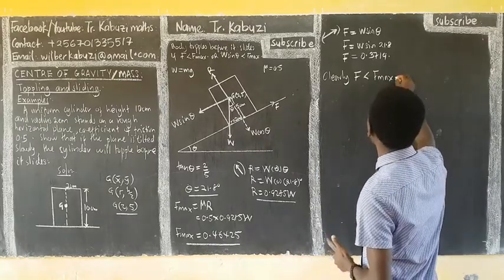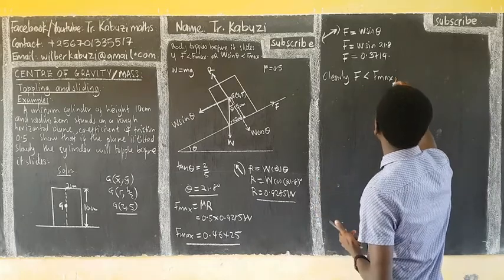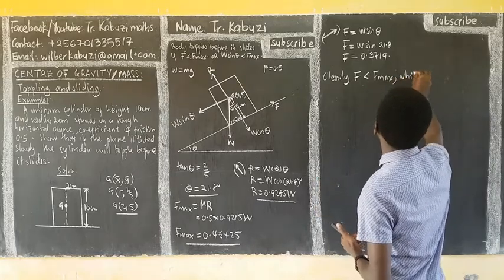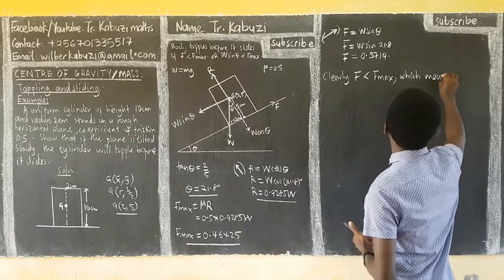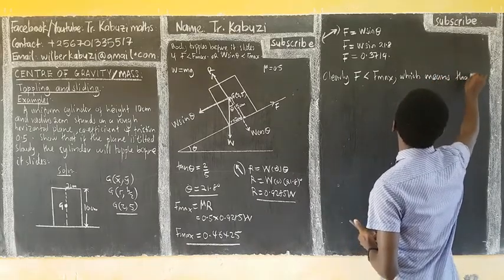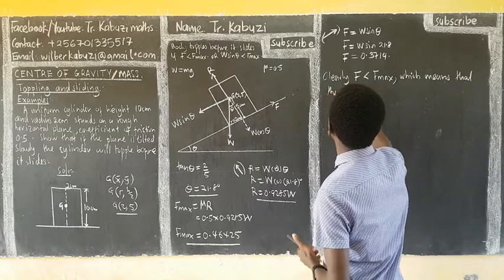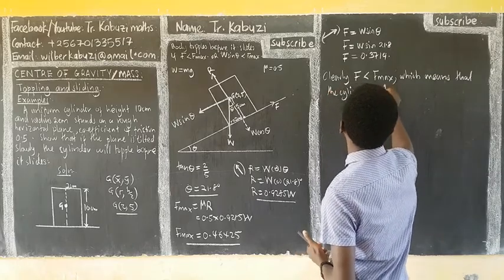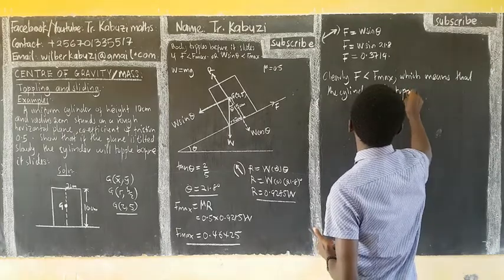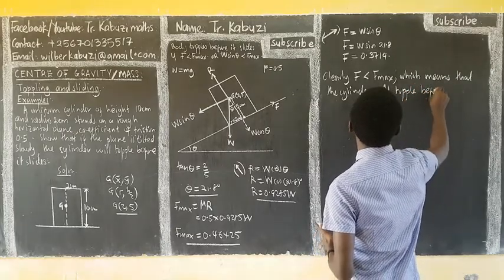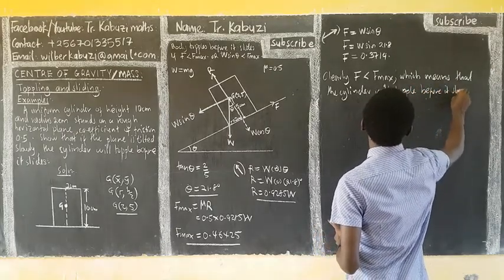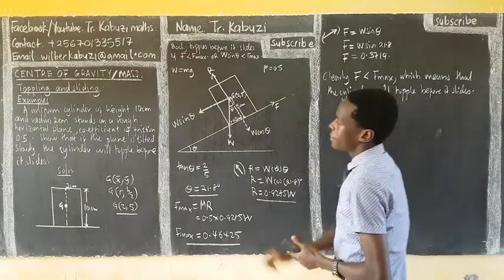It implies clearly F is less than F max, which means that the cylinder will topple before it slides, as simple as that.